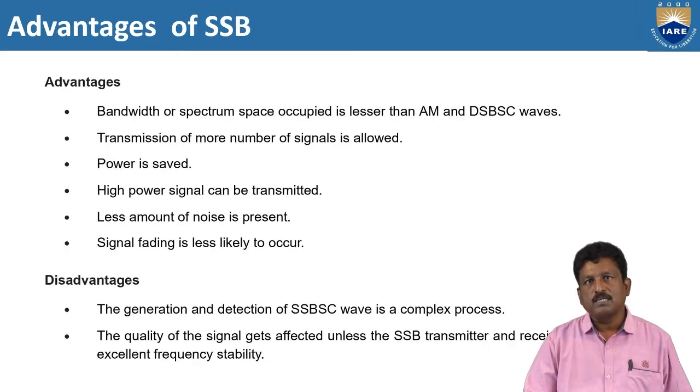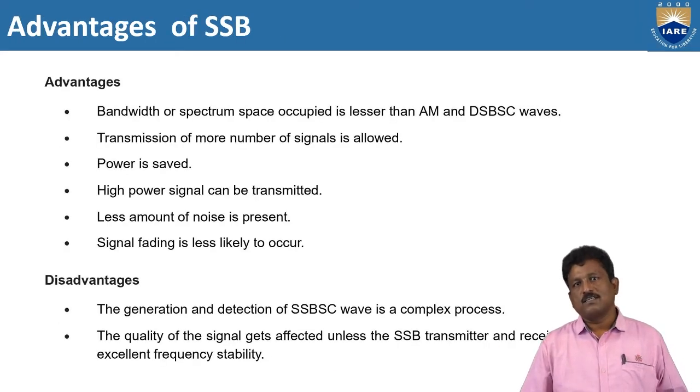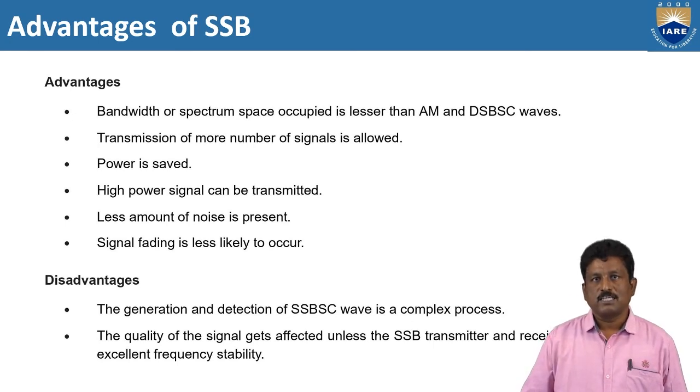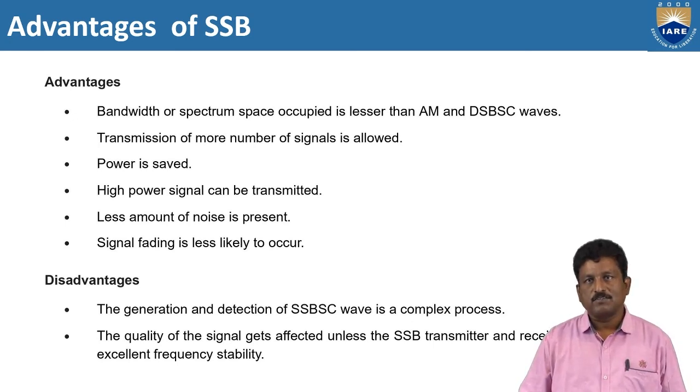Then coming to the advantages and drawbacks. Already, while discussing all the modulation techniques, we have compared AM, DSB and SSB. Later on, you can also see the VSB, vestigial sideband, modulation. So coming to the advantages of this SSB modulation, the bandwidth requirement is very less compared to the AM and DSB.